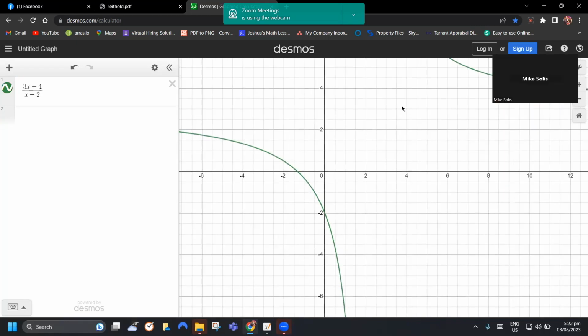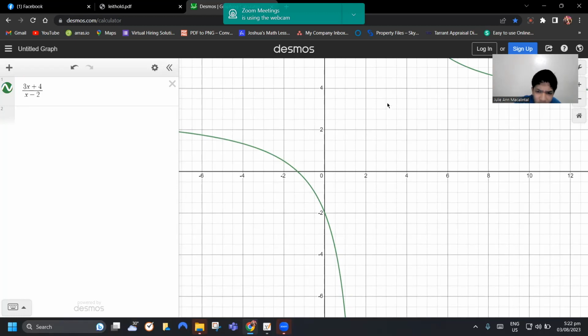May asymptote siya at so ano yung mga asymptotes niyan? So vertical asymptote is at x equals 2. Ano naman yung horizontal asymptote?